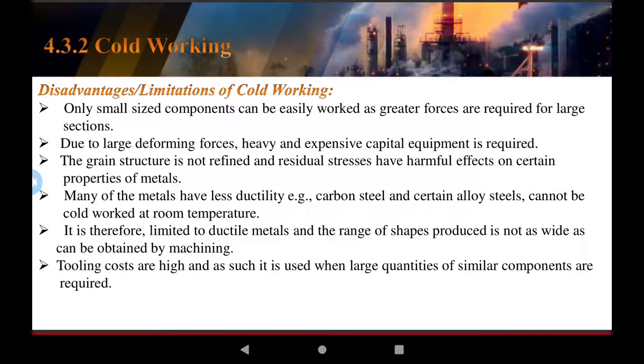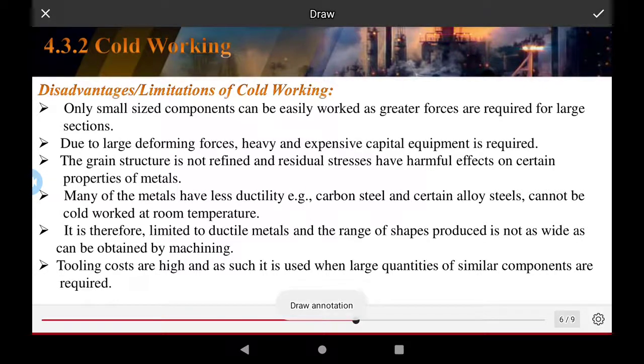Cold working: disadvantages and limitations. Only small size components can be easily worked; greater force is required for large sections.